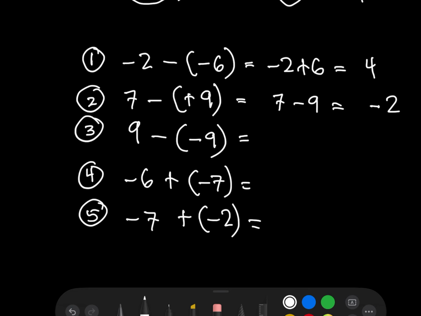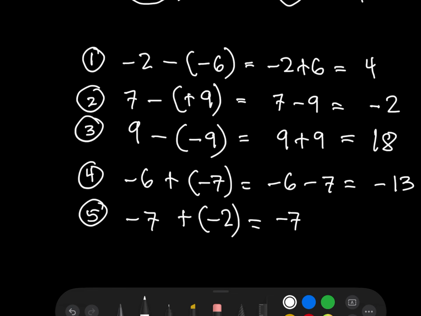Then the third will become 9 plus 9, that is 18. For number 4, it will become negative 6 minus 7. Add the numbers, copy the sign, which gives negative 13. And last, it will become negative 7 minus 2, the same as number 4. Add the numbers, copy the sign.